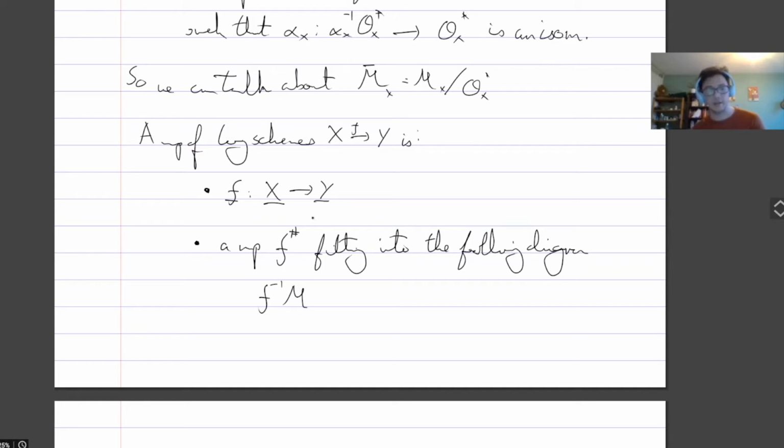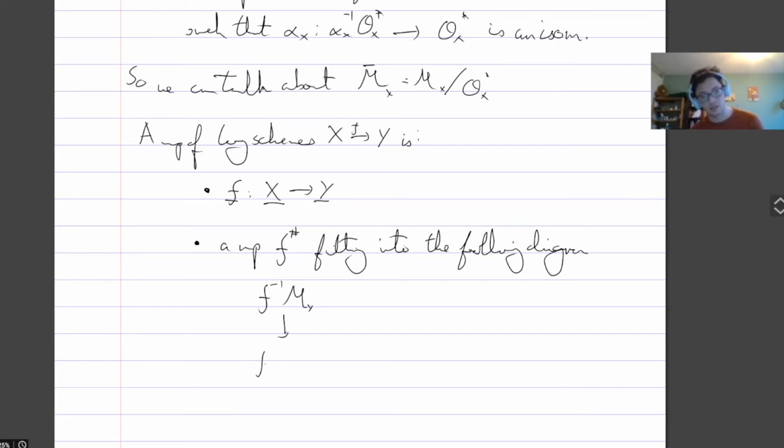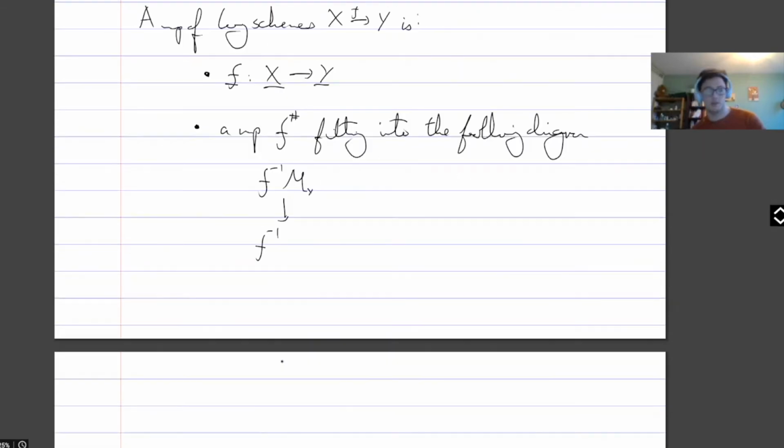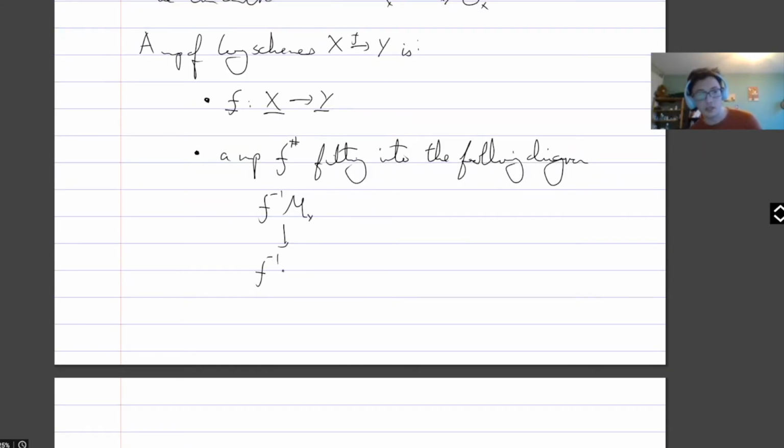I have f as a map of topological spaces, so I can pull back. Oh, I don't mean to do f inverse there, I just mean mx.